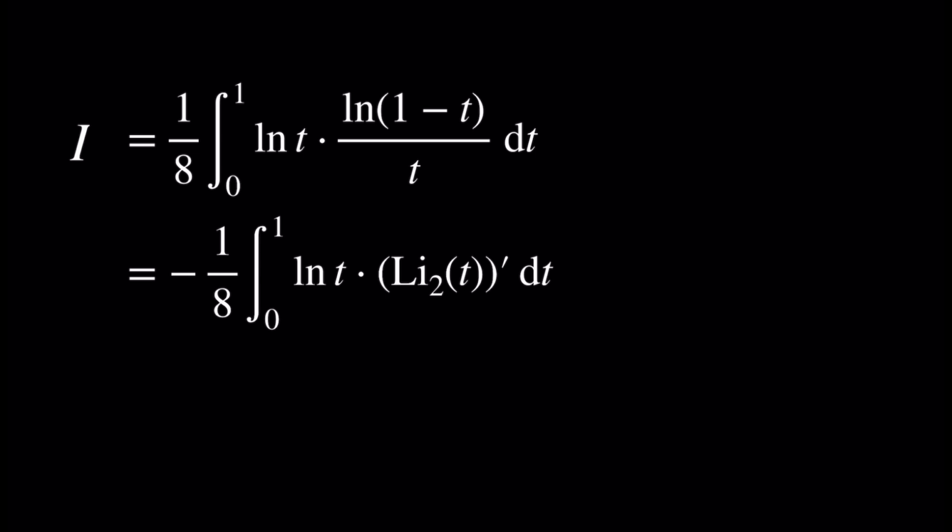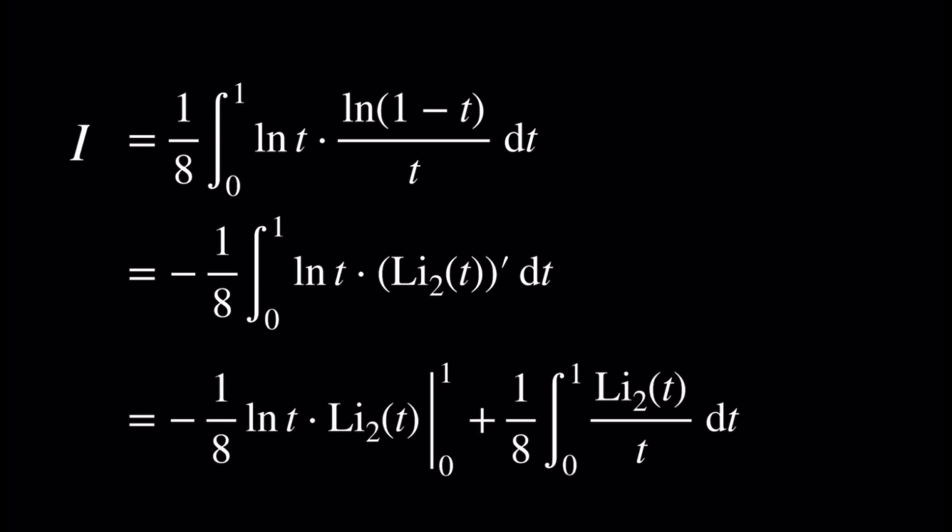If we integrate by parts, we're going to get negative 1/8 times log of t times Li sub 2 of t, which we're going to evaluate from 0 to 1, plus 1/8 times the integral from 0 to 1 of Li sub 2 at t times the derivative of log of t. Well, the derivative of log of t is simply 1 over t.